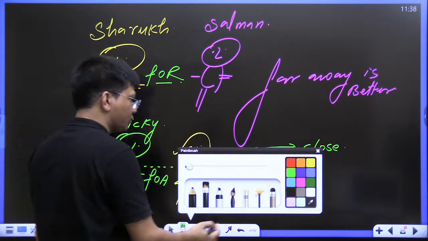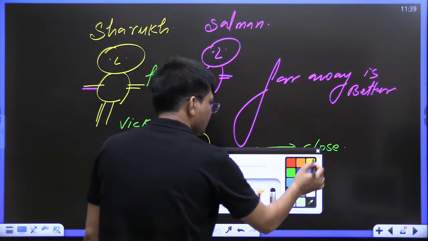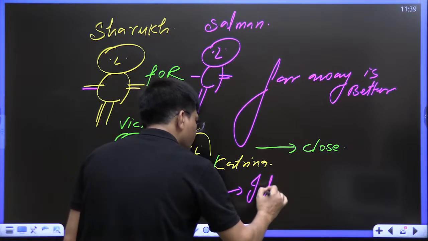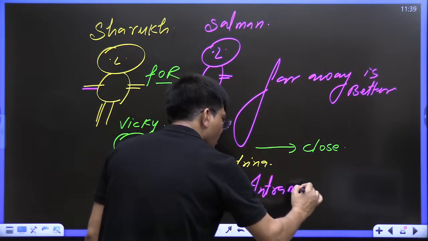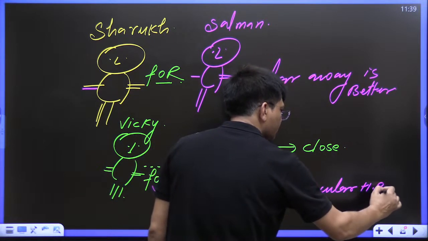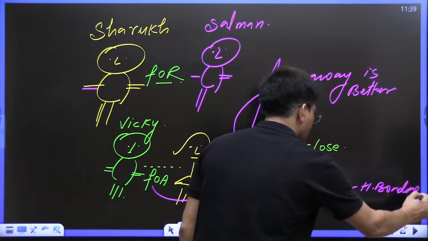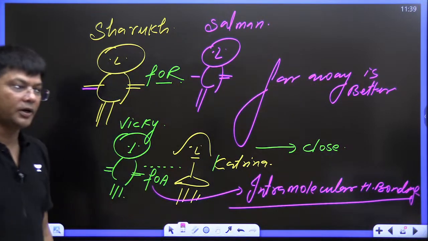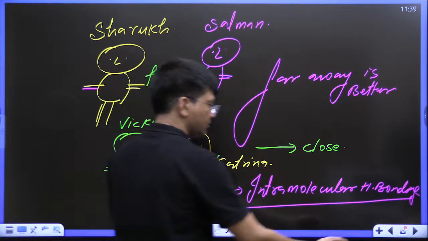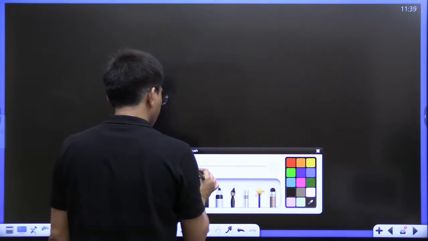And in your chemistry, this force of attraction is intramolecular hydrogen bonding. So always remember, kids, whenever intramolecular hydrogen bonding is there in a compound, that is going to provide stability. So see, kids, staggered is stable.